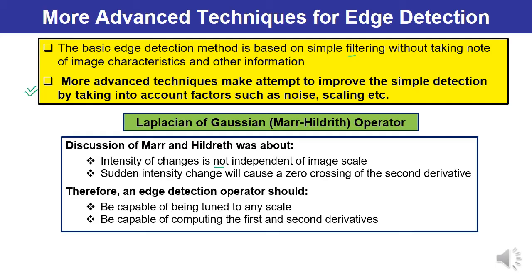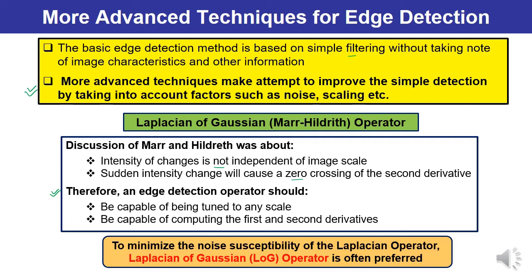It means change in intensity must be considered, and a sudden intensity change will cause a zero crossing, which is going to be observed in the second derivative. It means an edge detection operator must be capable of tuning to any scale, and it must be capable of computing both the first and second derivative. So these two points are very important, and on the basis of this discussion this kind of operator was developed.